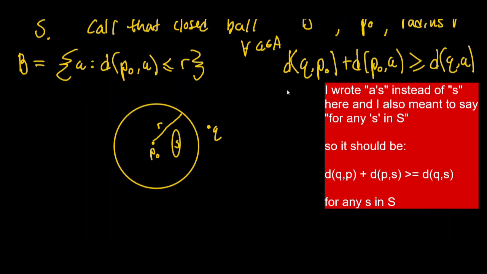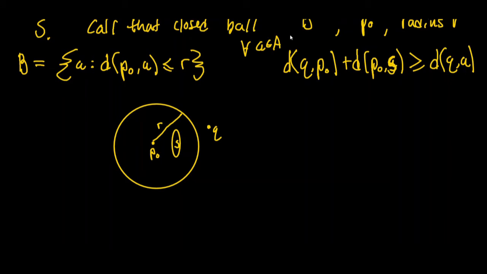And we can also say the following statement. Since S is contained in, I meant to say here, this is supposed to be an S here, for all S, not an A, because remember, our bounded set is S, sorry about that.